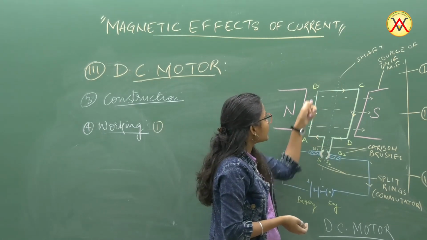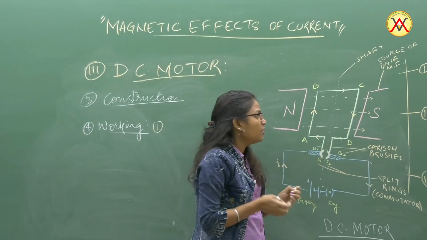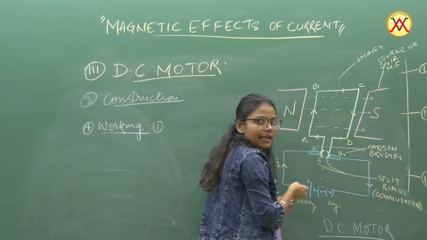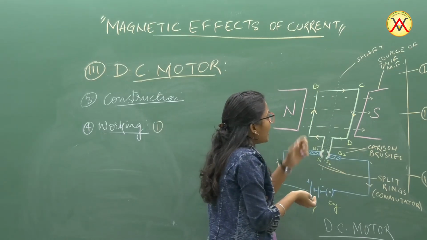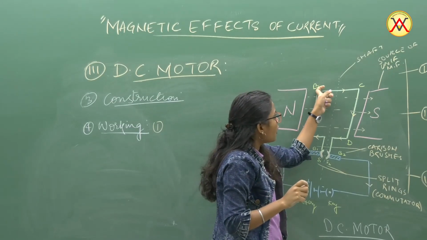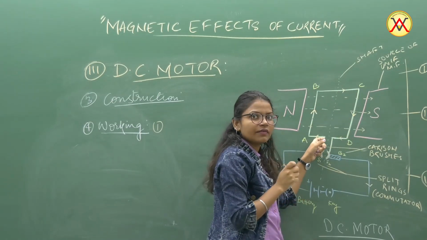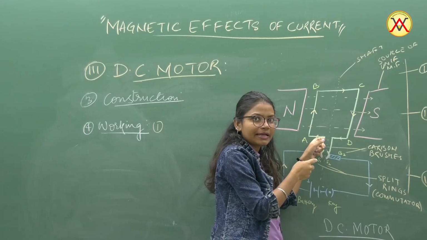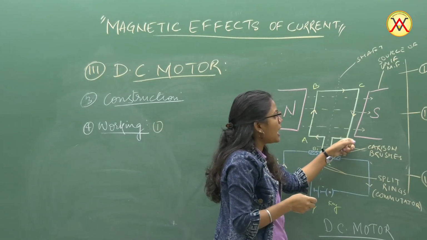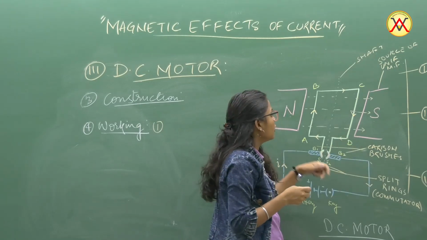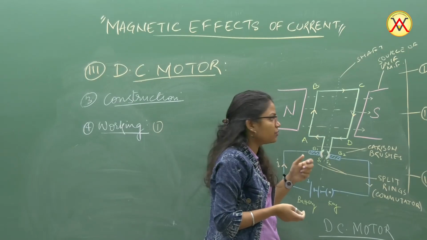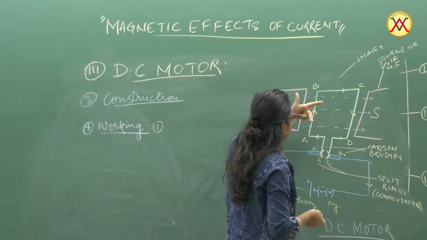But for the parts AB and CD, we have current in the left side, that is AB arm. Applying Fleming's left hand rule, this be our second point. From BC and DA, whatever the current is flowing, there will be no magnetic force on them. But on AB arm and CD arm, there will be magnetic force. For the direction of magnetic force, apply Fleming's left hand rule. Let us apply Fleming's left hand rule.